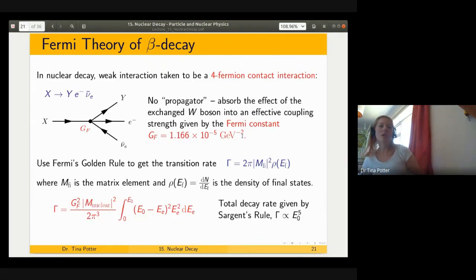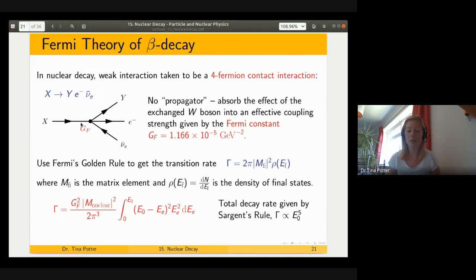So what we're going to do here is model beta decay using Fermi theory. We can use Fermi theory because we are in a very low energy regime here. Remember we said that this four fermion contact interaction, described by some effective coupling constant GF, was only valid at low energy.